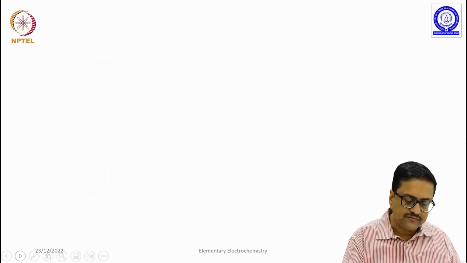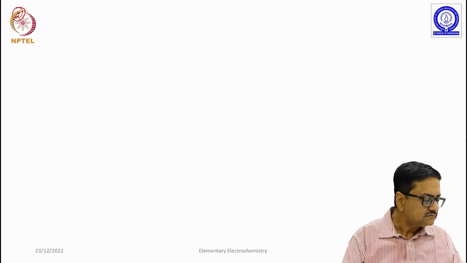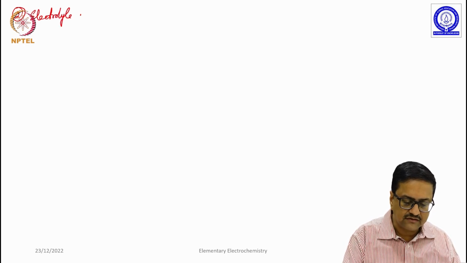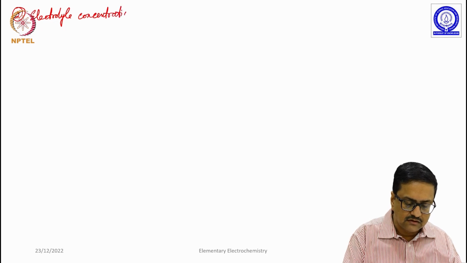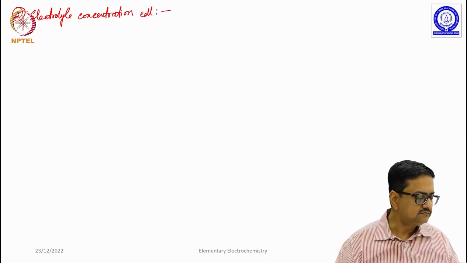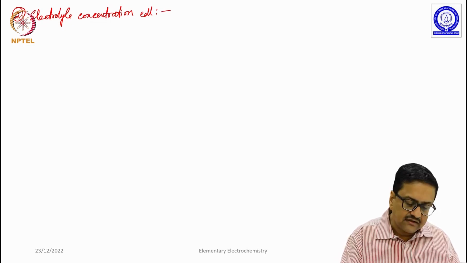The second type of concentration cell is an electrolyte concentration cell. So, here I am straight away writing one example so that you can understand easily.